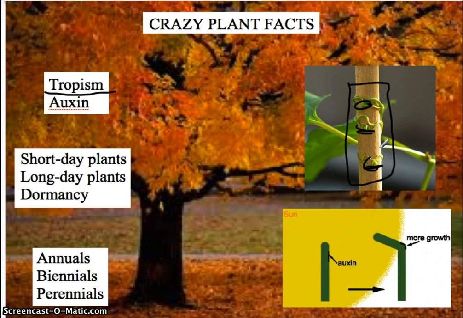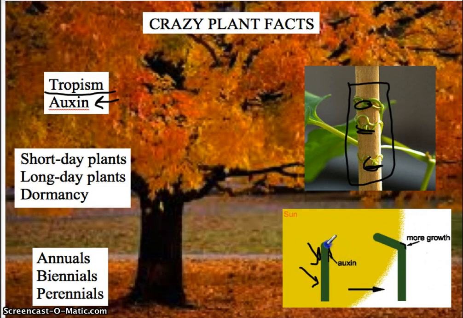That's called thigmotropism. Now there's a plant hormone called auxin. Auxin promotes growth on the shady side of a plant stem. Now look at this. Here we have the sun shining on this side over here. So the auxin is actually on the other side, realizes that the other side is getting the sun, so what it does, it grows.